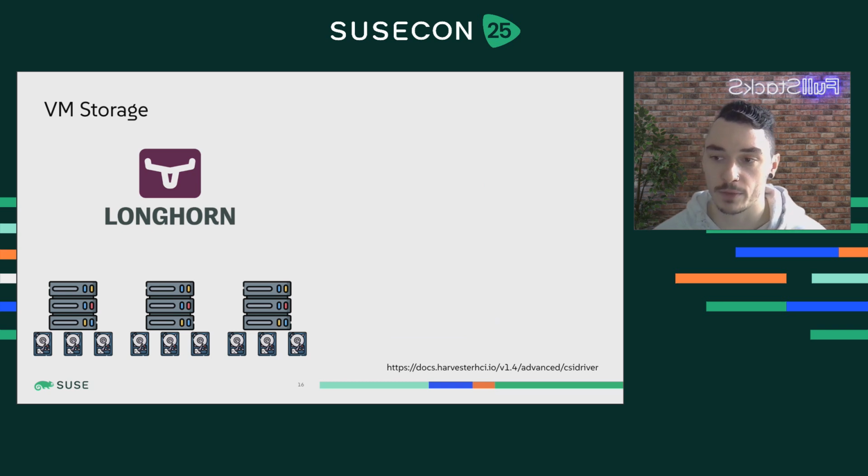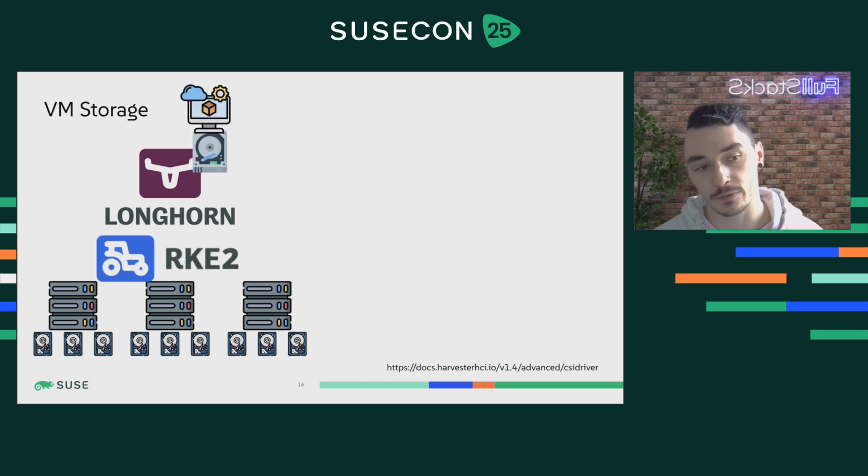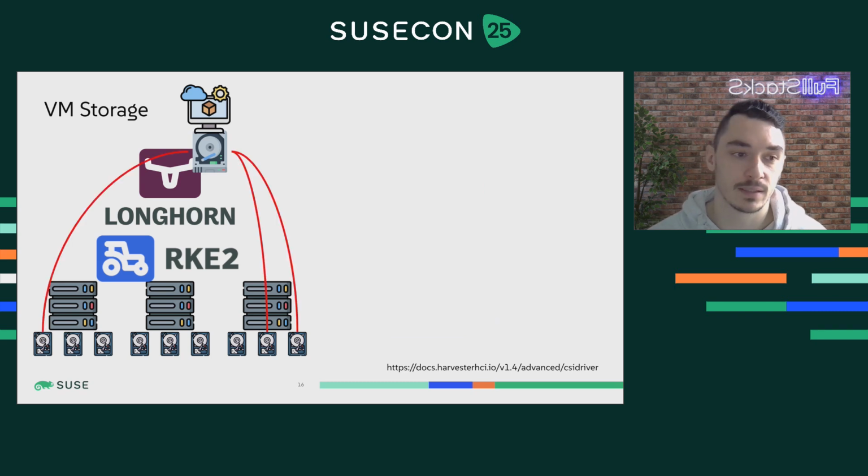You have your multiple servers, you have your local disks, you have your RKE2 with Longhorn installed on top. And if you create a virtual machine that needs storage, that needs disks, Longhorn will create this storage space, usually replicated by a factor of 3.